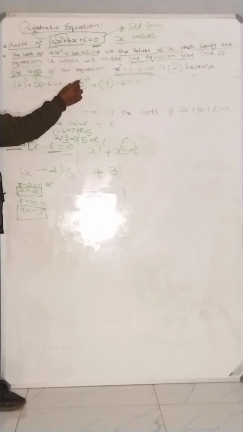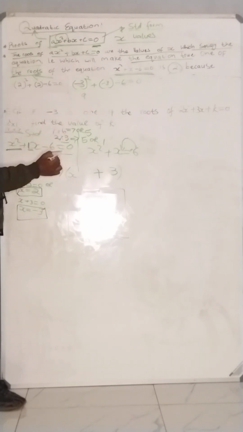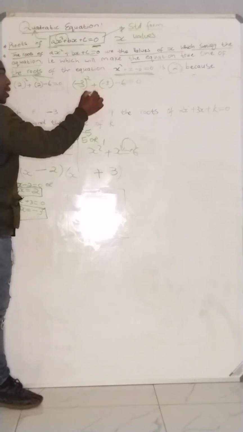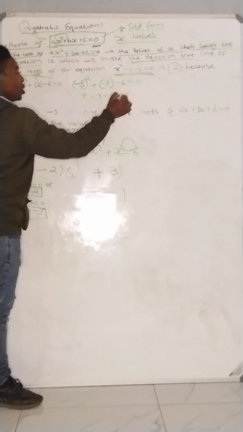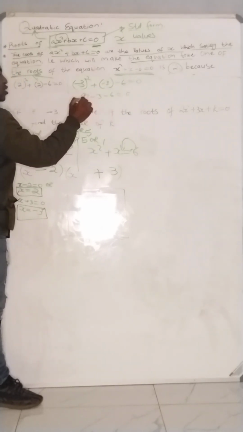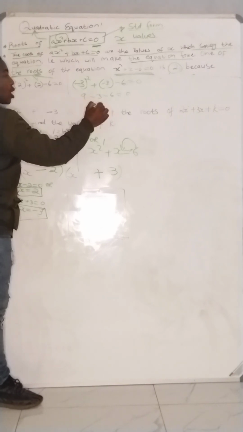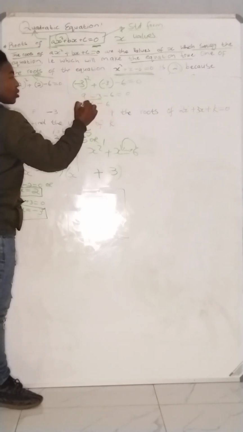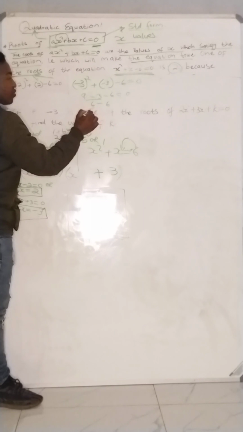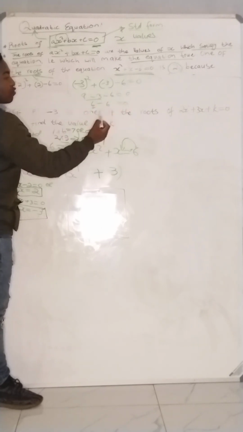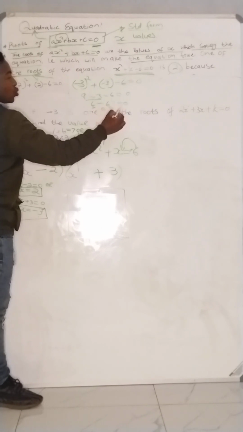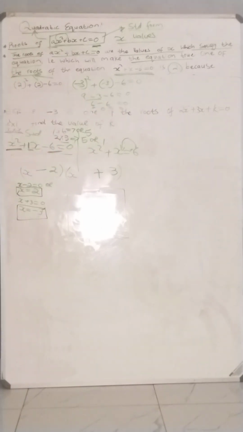So minus 3 squared, you'll have a positive 9, minus 3 minus 6, which should be 0. So 9 minus 3, you'll have 6. 6 minus 6 will be 0. So you have 0 is equal to 0. So it is satisfied. Okay, so that is what we need.